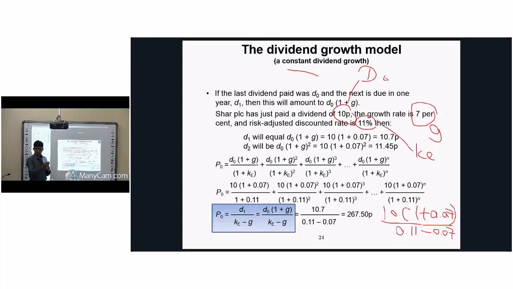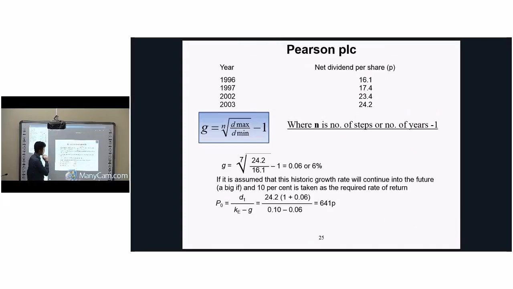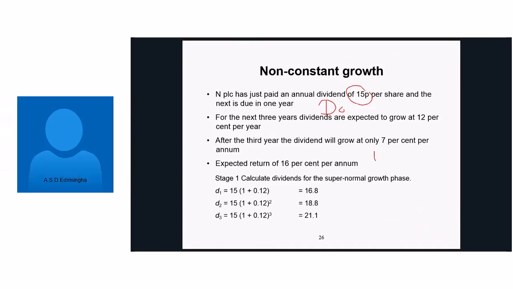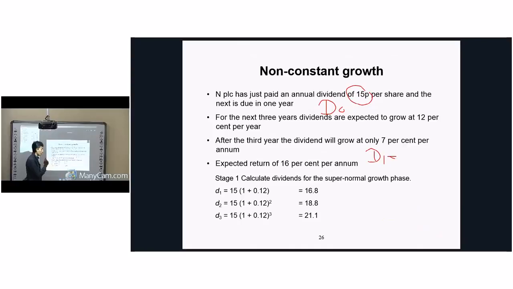We need to calculate this separately, which means we need to take D1. You have to calculate D1, that is the dividend in 1 year's time. What is the dividend in 1 year's time?